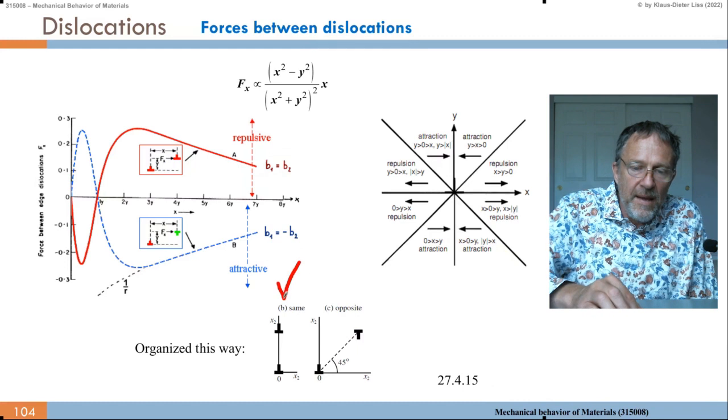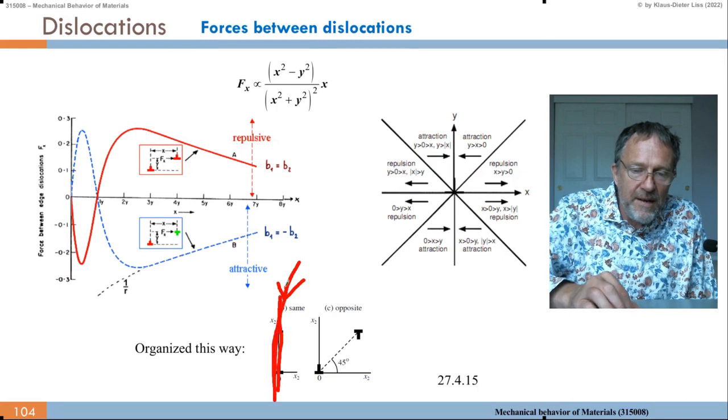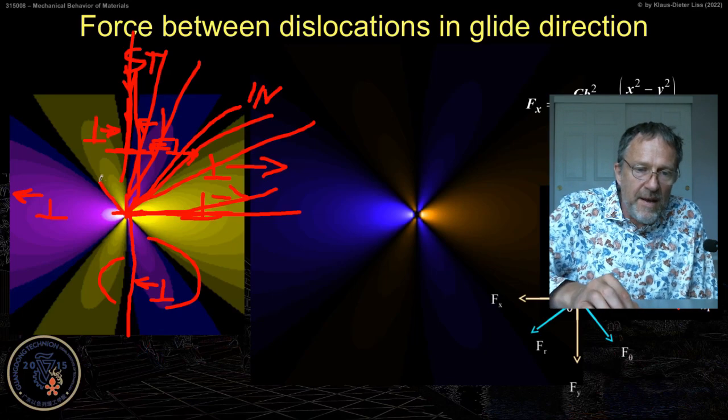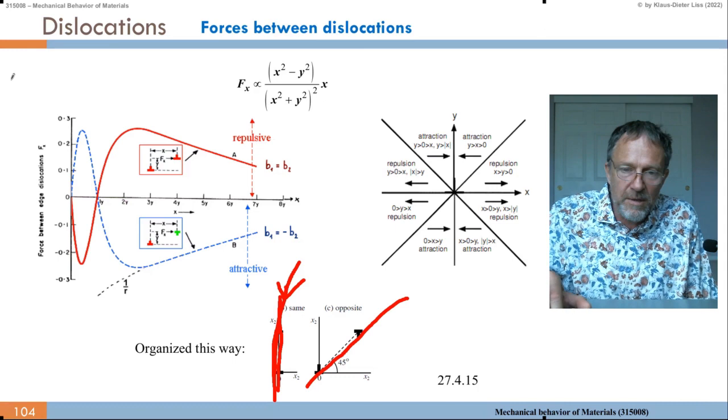Resulting, if we have the same Burgers vector, then they tend to arrange in lines perpendicular to the habit plane, and if the two dislocations have opposite sign, then they tend to align along the other, this 45-degree line. The minimum or zero energy becomes stable.